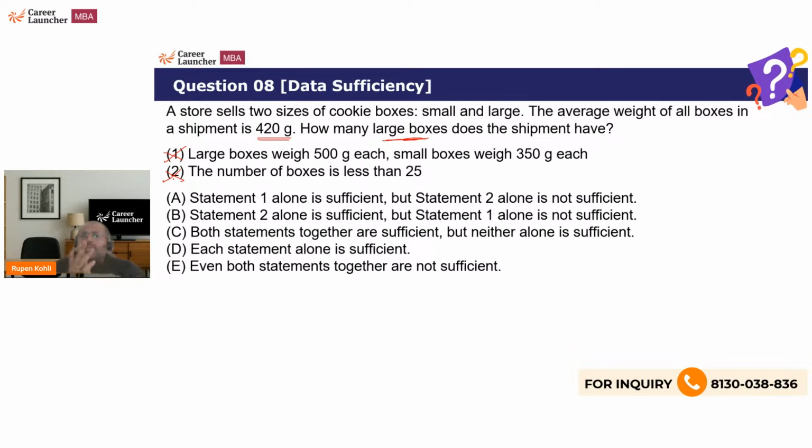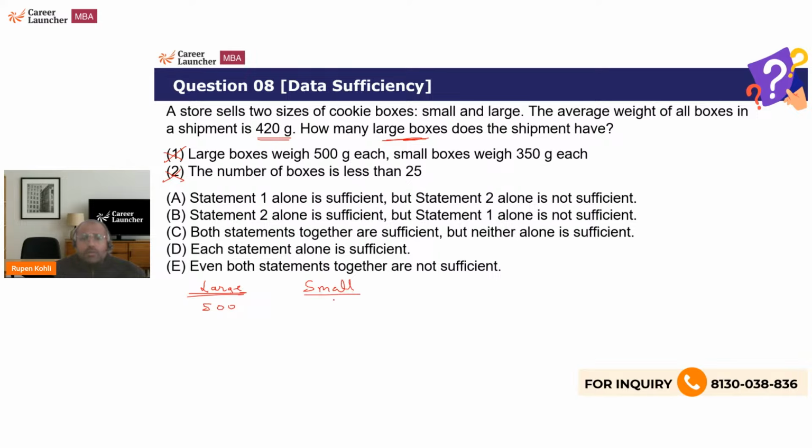Obviously, we now have to see what happens if we combine. After combining, we know 420 is the weighted mean of 500 and 350. So that tells us that we can apply the alligation principle to get the ratio of the number of boxes. Each large box on average is 500 grams, and each small box is 350 grams.